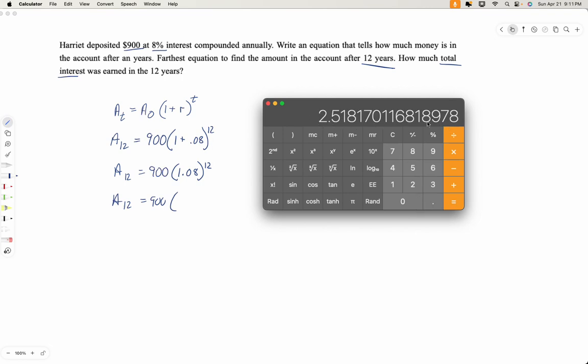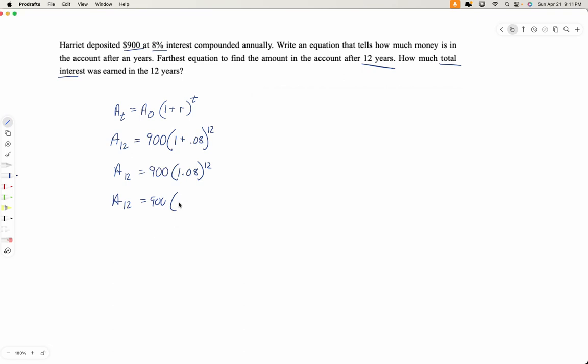I am not going to write that in here, I'm just going to continue multiplying on the calculator, because we know that number is going to be multiplied by 900. So I'm going to say times 900, and I get $2,266.35.